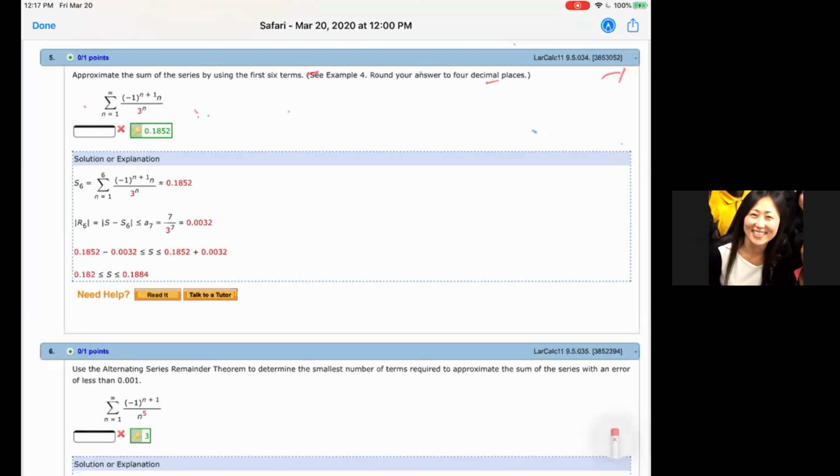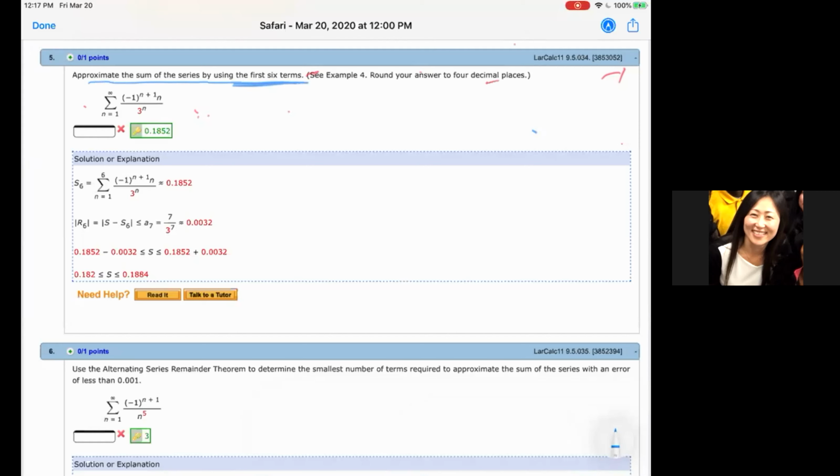All right. So I want to do number 6 and number 5, and we'll be done, okay? So number 5, we've got to approximate the sum of the series using the first 6 terms.